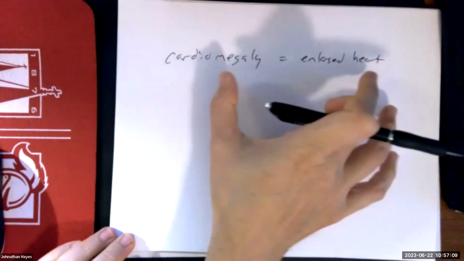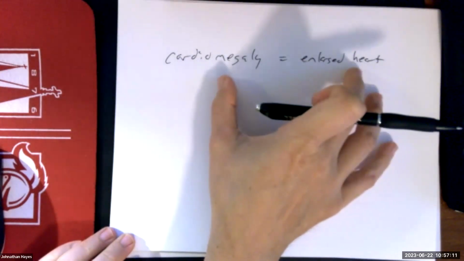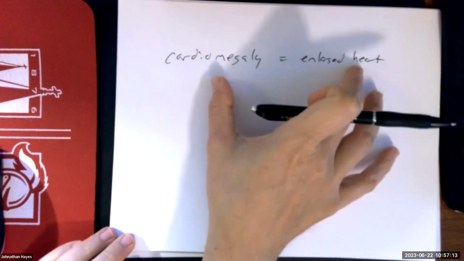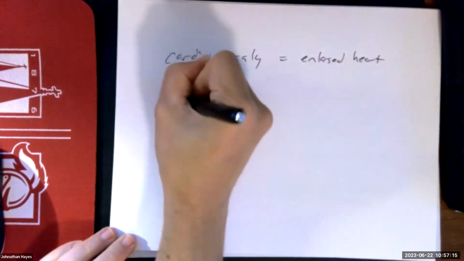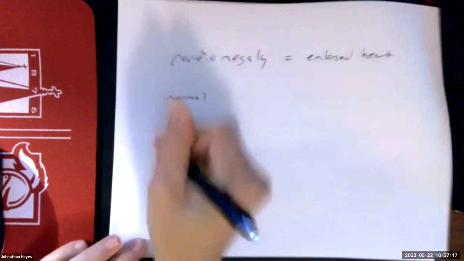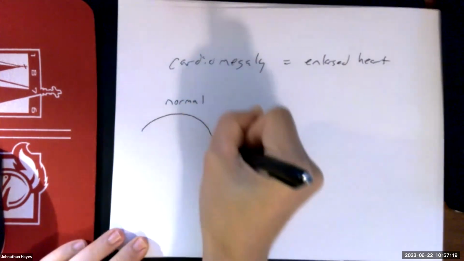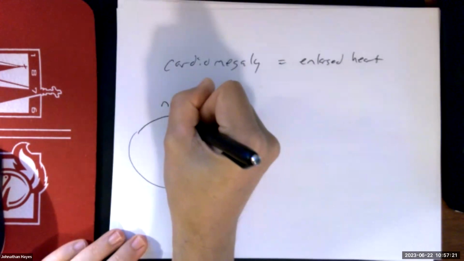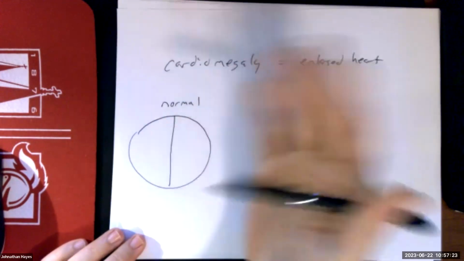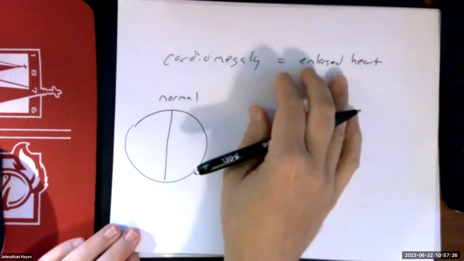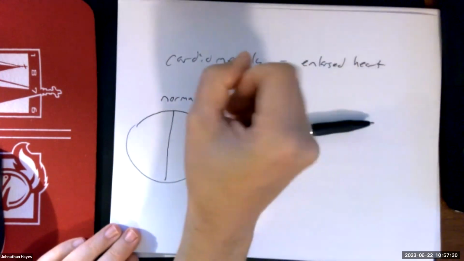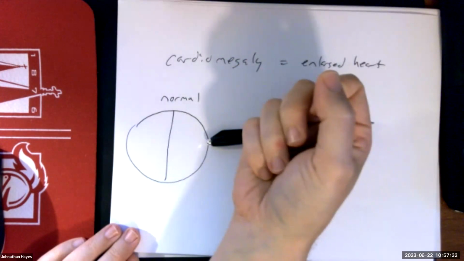But before we can talk about why an enlarged heart is such a bad thing, let's talk about normal again. So if this is a normal heart, with its normal size, right? If they ever ask you what is the size of a normal heart, it's about the size of a relaxed fist, right?